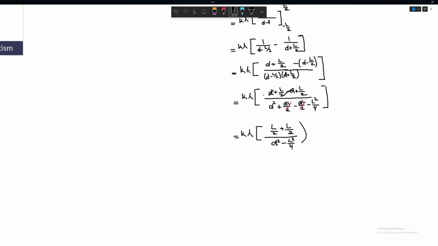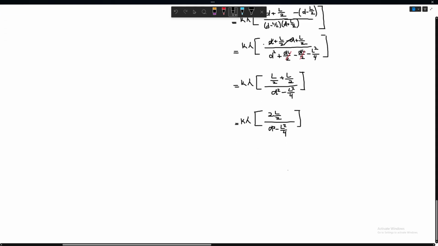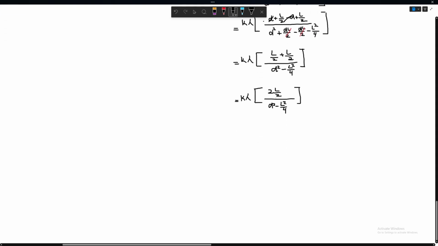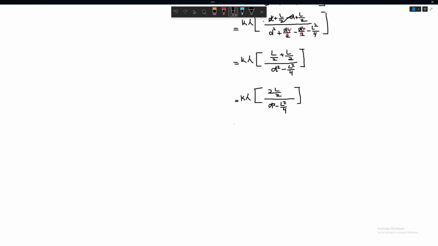Now after I add them together, what I will get is k lambda, and this becomes 2L over 2, and so I just get L divided by d squared minus L squared over 4.